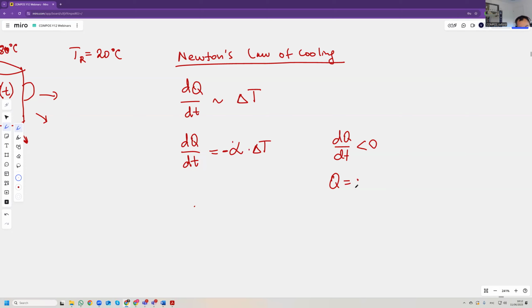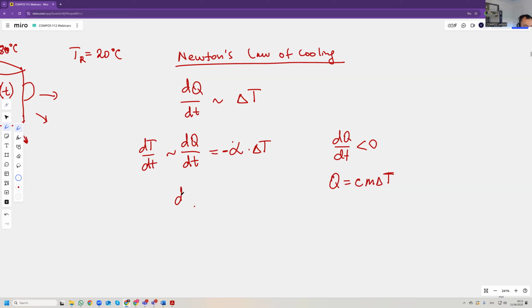definitely proportional to, well, Q is c m delta T, for example. Yes, so you can imagine that this is proportional to dT/dt.